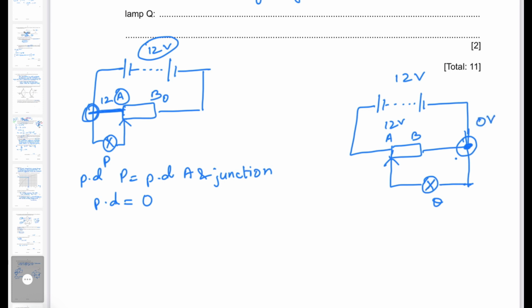Now Q is connected in parallel to these 2 points, to the point A and this junction, which means potential difference across Q is equal to the potential difference between A and the junction, and that is 12 volts, because the potential at A is 12 and it reduces to 0 at the end of the loop. So that is why Q will receive maximum voltage and its brightness would increase.